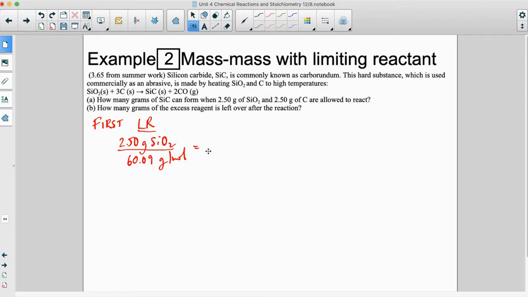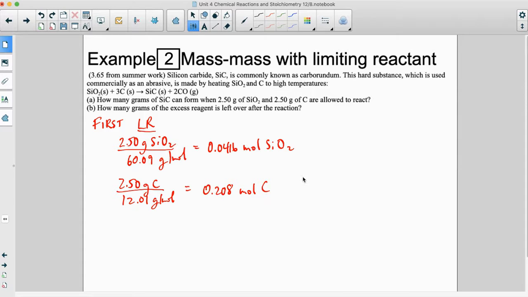This gives me 0.0416 moles of SiO2. I next have to take my carbon grams and change that into moles so that I can compare the two. So when I divide this out, I get 0.208 moles of carbon.